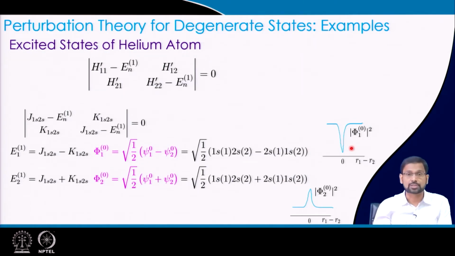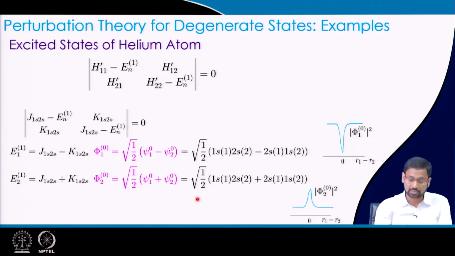The second situation: when I look at the second excited state wave function, I see that when R1 is equal to R2, this wave function does not become 0 first of all, rather its value increases. So, if I plot phi 2 square, I would see a slight increase in the probability when R1 is equal to R2.